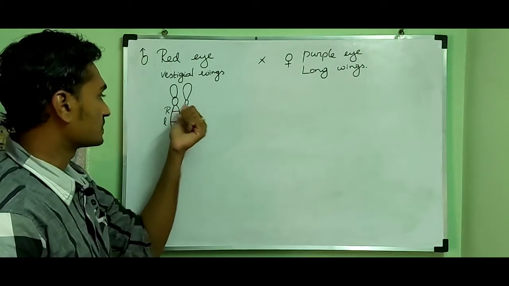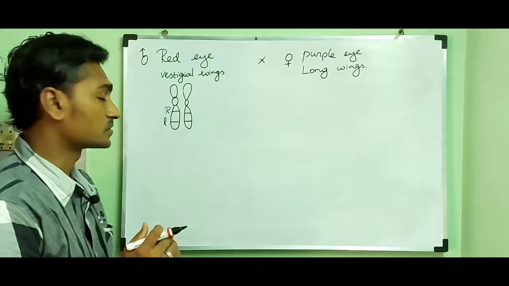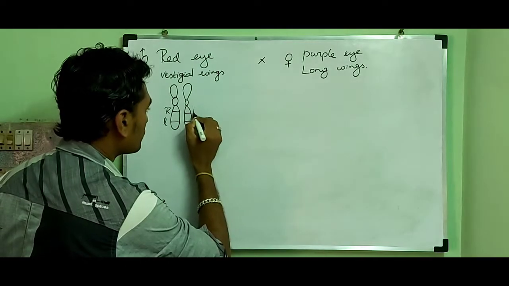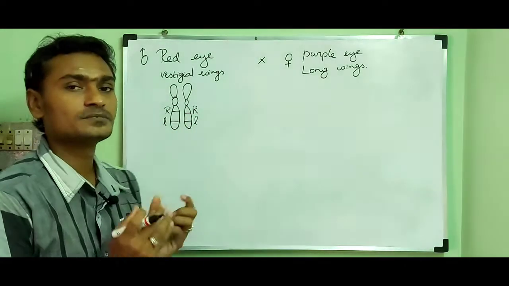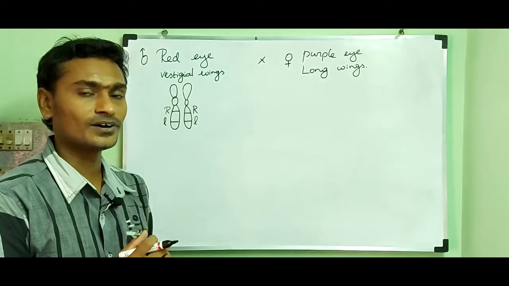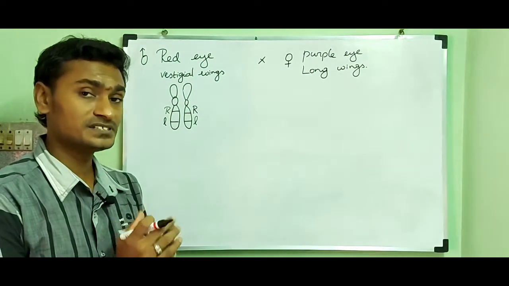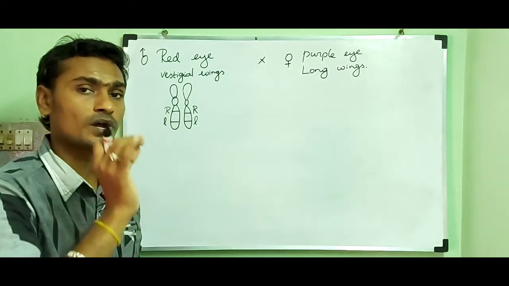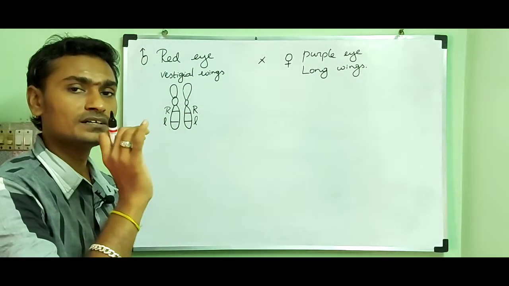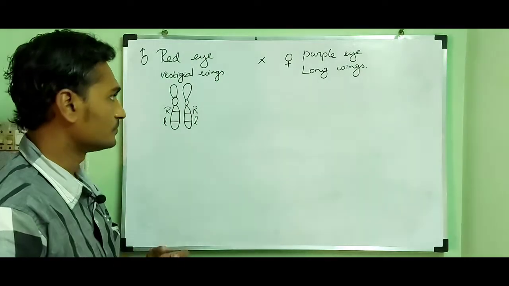Likewise, the second homologous chromosome also contains capital R, small l. So you can remember one aspect called repulsion. In repulsion, each homologous chromosome has one dominant allele and one recessive allele.